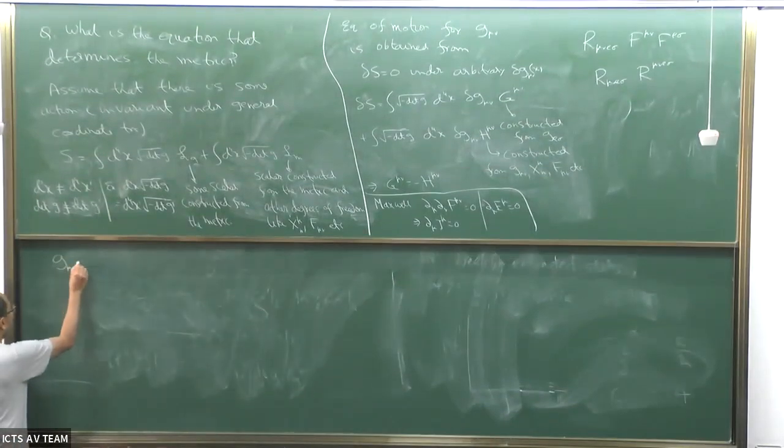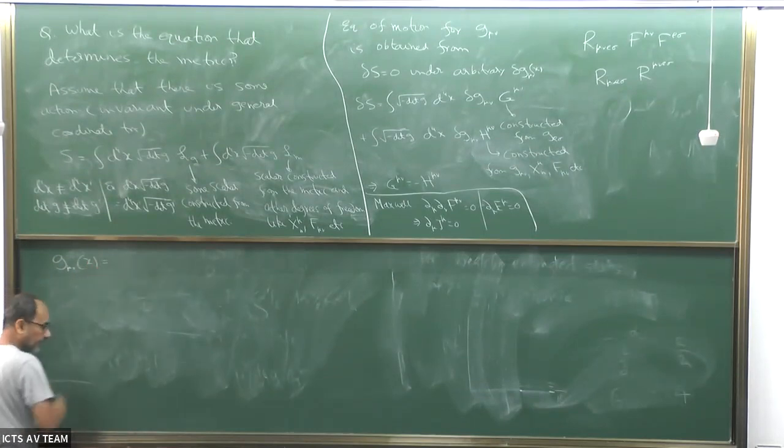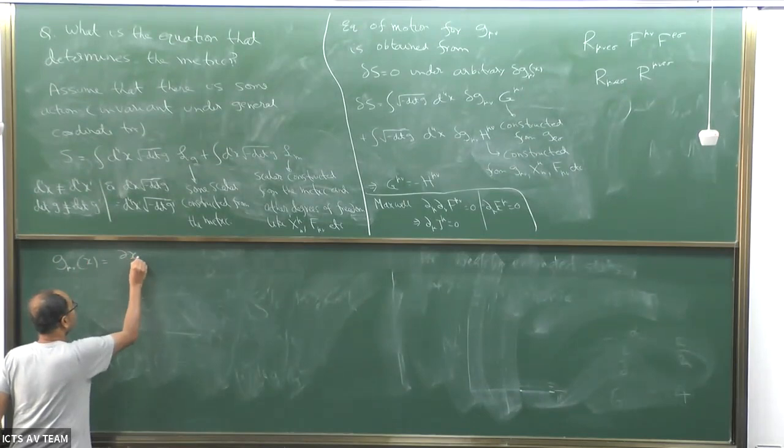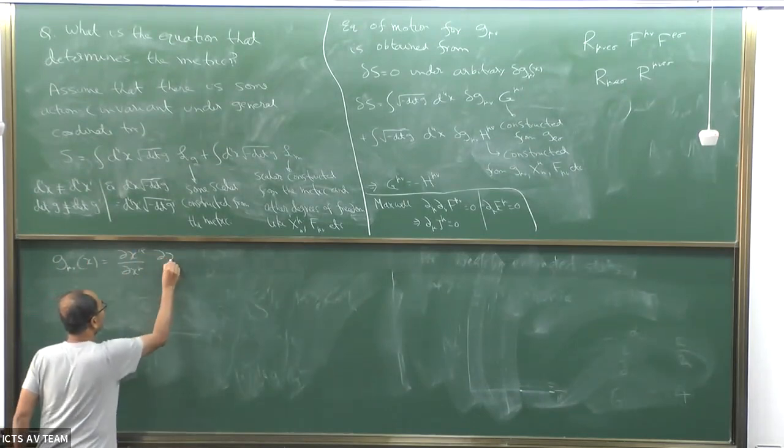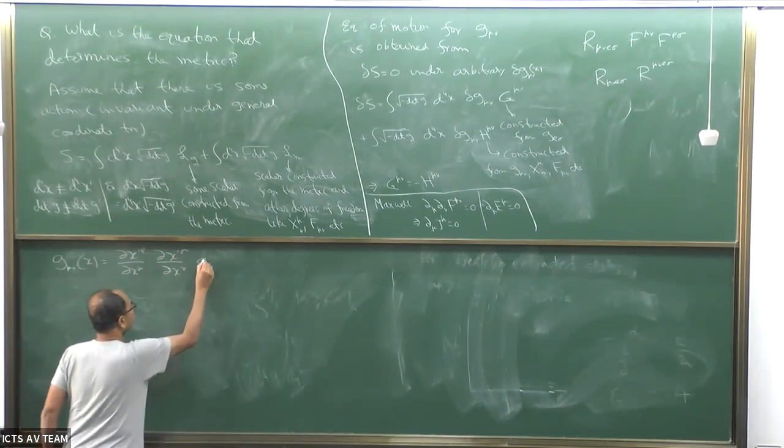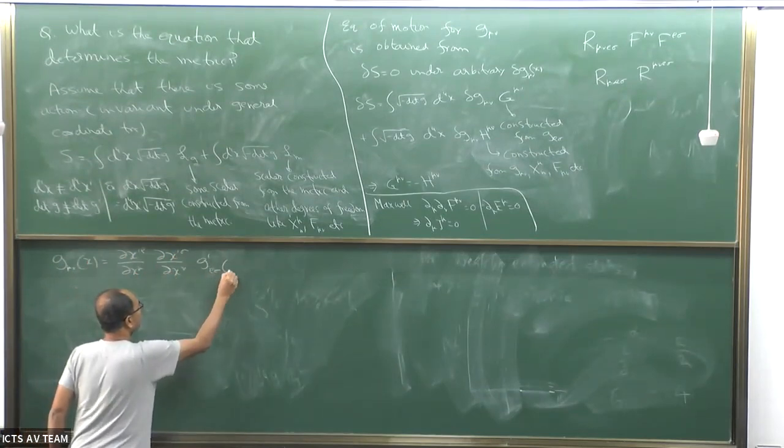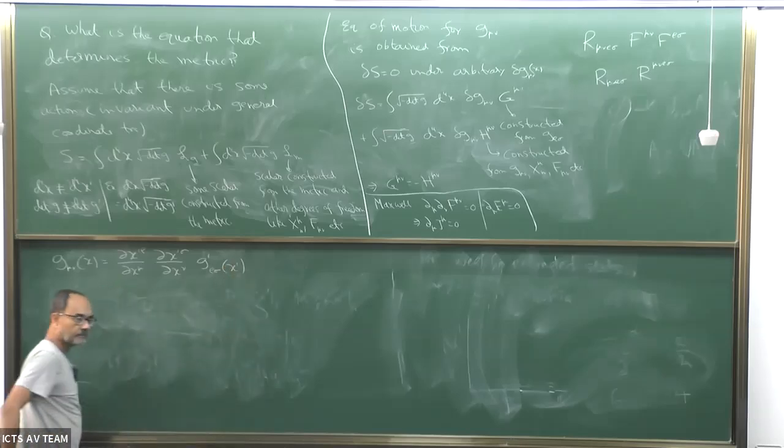We have G mu nu of x as... This is the general variation.